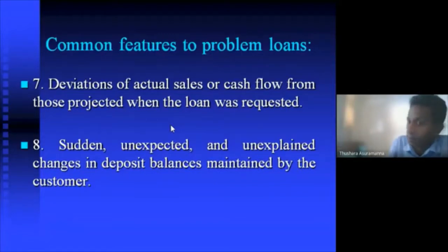Say 100, 120, 150 was your original plan, and based on that you assessed cash flows and repayments on the proposed loan. Instead of 100, 120, 140, now it is 100, 105, 110. So sales have come down. Obviously, then cash flows are not sufficient to cover the debts.